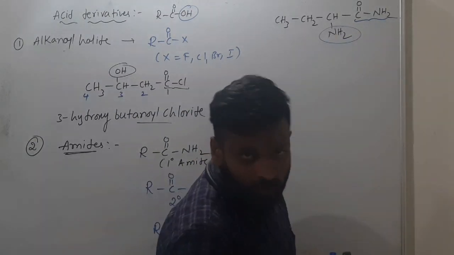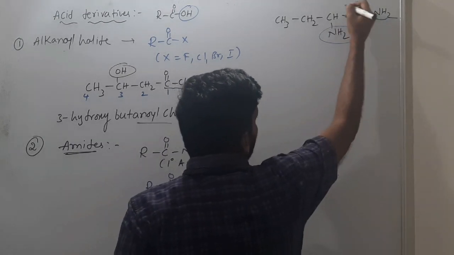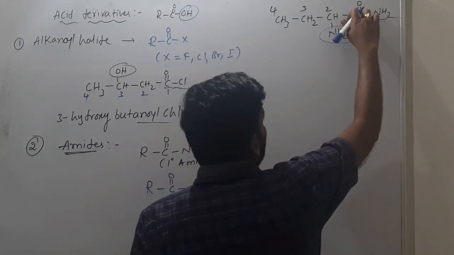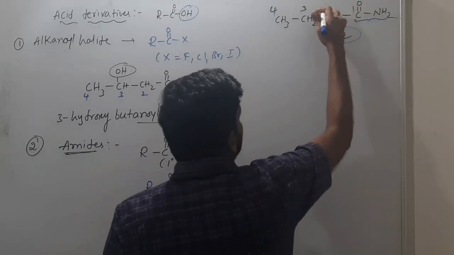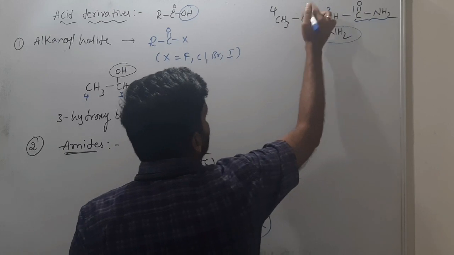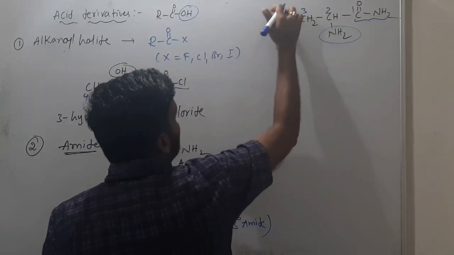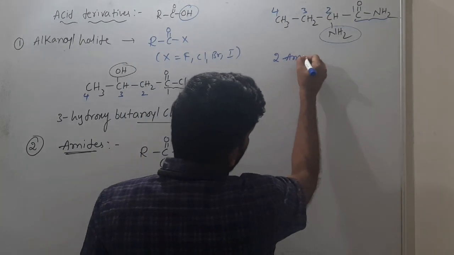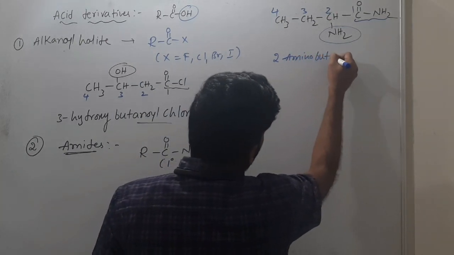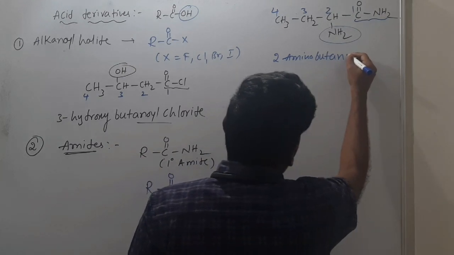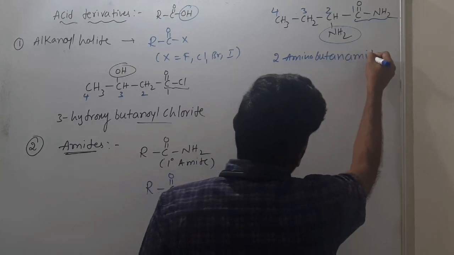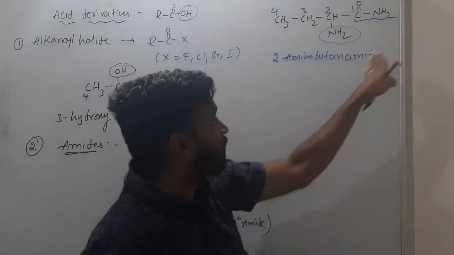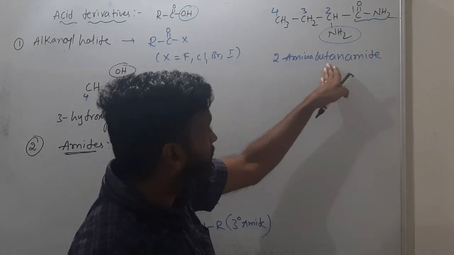Now for the IUPAC name, numbering 1, 2, 3 and 4, this is 2-amino butanamide, that's it.